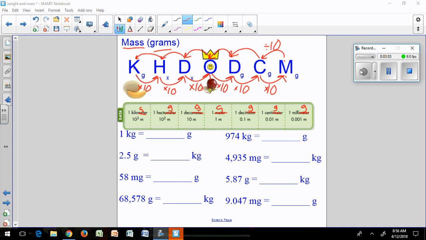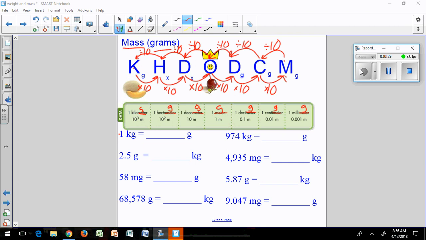We're going to divide by 10 every time. Which is the same as moving that decimal point to the left for every jump you make. Every time you divide by 10, you move the decimal point to the left.